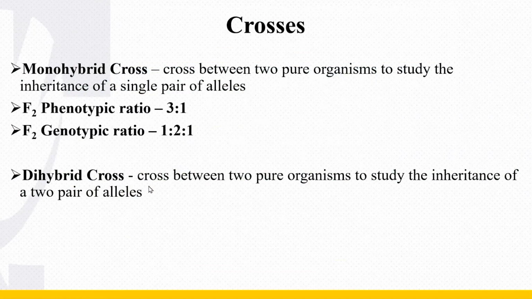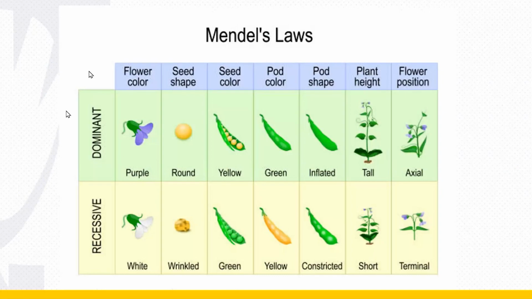And so we have this F2 phenotypic ratio, and we'll see in the next slide what the difference between the ratios are. So remember that phenotypic is what we actually see. In the next slides, we'll see this monohybrid cross where he was looking at the different flower colors.